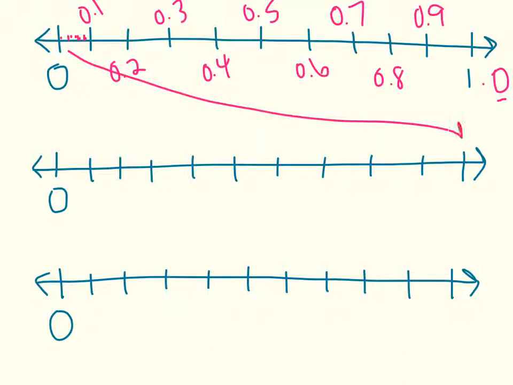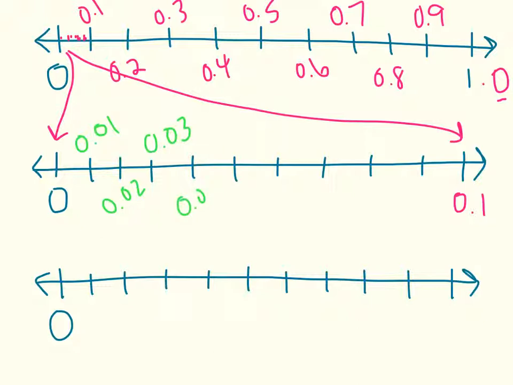Now, I also know that between each of these tick marks, there are 10 more little ticks. So, on this next number line, if I were to zoom in between 0 and 1 tenth, I would be counting by hundredths. So this would be 1 hundredth, 2 hundredths, 3, 4, 5, and I know the money value would represent the same as pennies, 8 pennies.